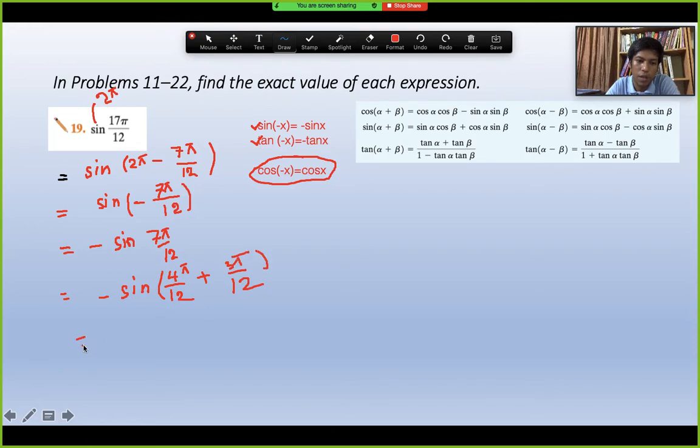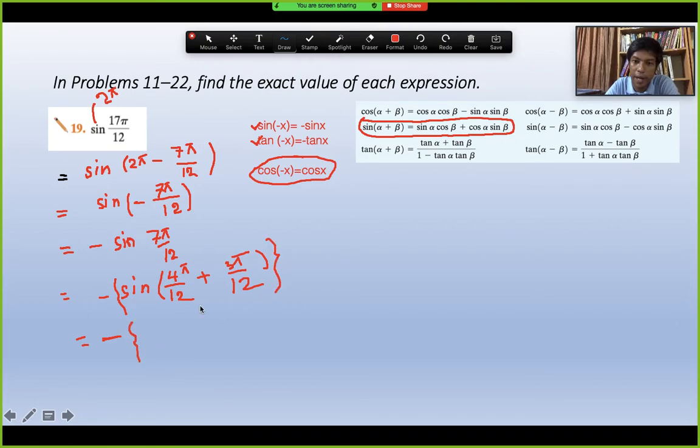Now minus, then see, this is sine of alpha plus beta, that means this formula. But remember there's a minus here, so don't just remove this minus, or think that this minus is with the first or second term. This minus is actually for everything.